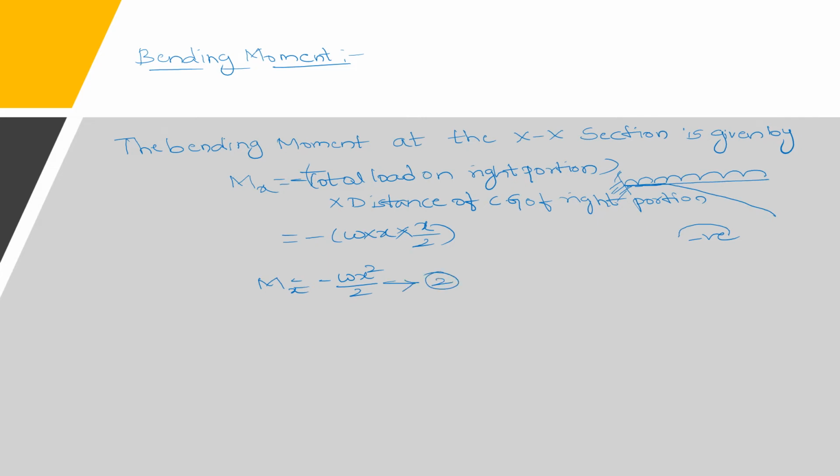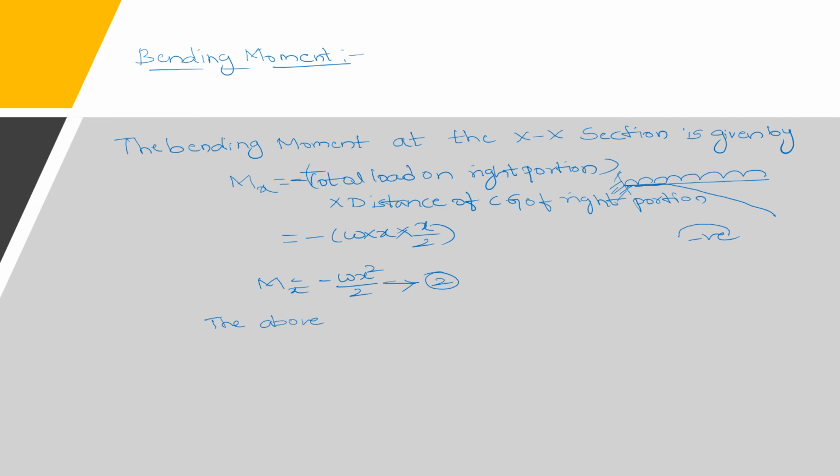Now calculate the bending moment values at B and A. Before that, here in this equation, this is x power 2. Means this equation follows a parabolic law. Here the bending moment equation follows a parabolic law because the distance is power 2.